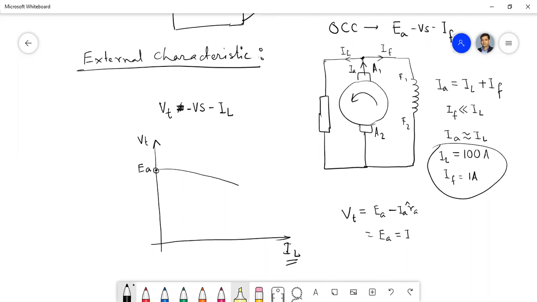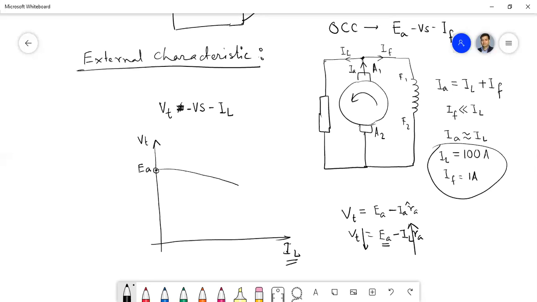So if IL is increased, the Vt will drop for a constant E assumption. Remember this assumption. If we assume EA to be constant, then if we increase the load current, the terminal voltage will drop.